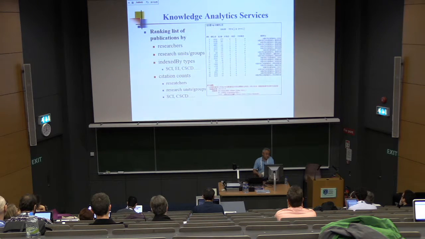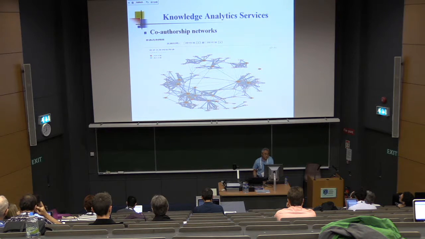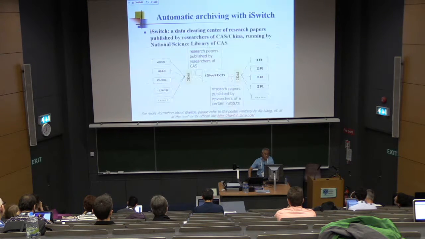We also provide ranking lists of publications by researchers, by research units, by index types, and by citation counts. We can also generate co-authorship networks and create keyword occurrence networks.